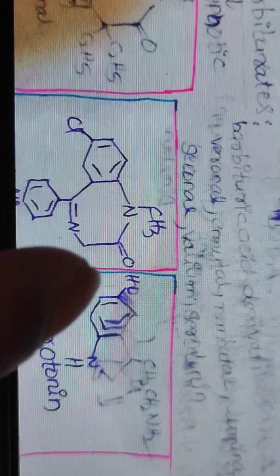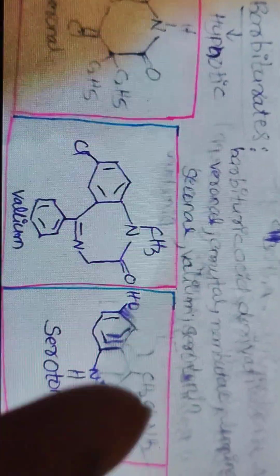Next is valium, and this is serotonin with NHCH2CH2NH2. Just remember the names. Veronal has one ring, valium has 3 rings, serotonin has 2 rings. These are examples for barbiturates. Understood?